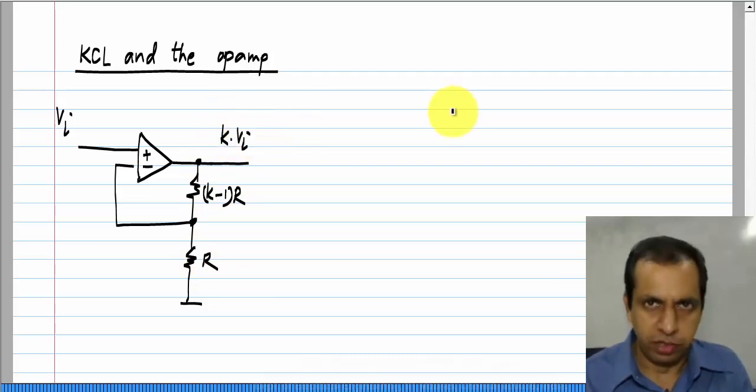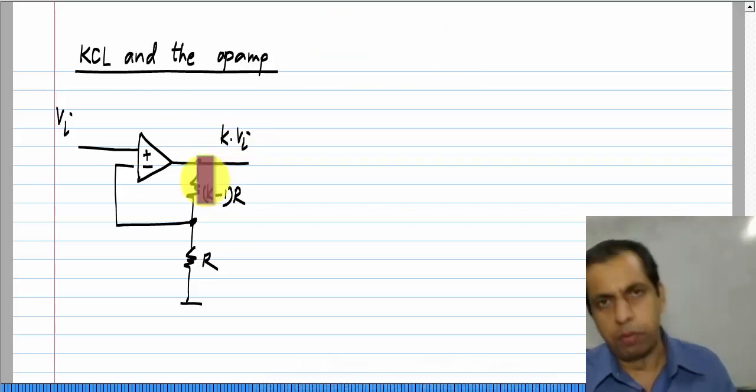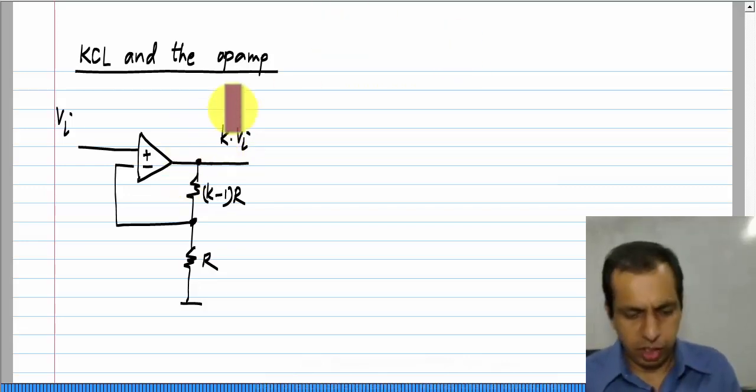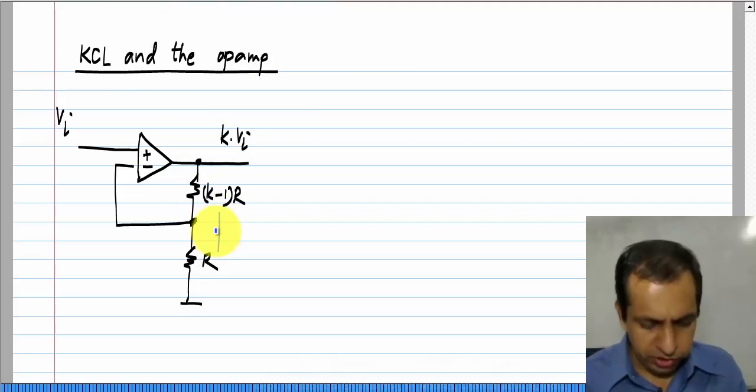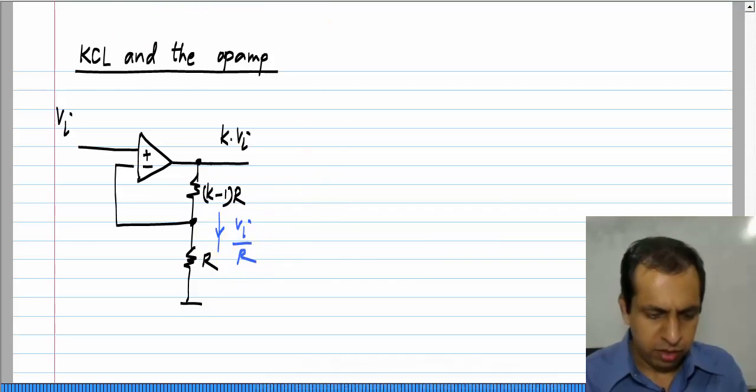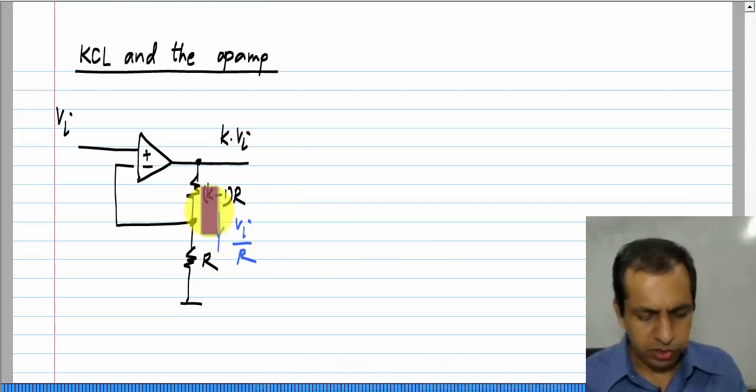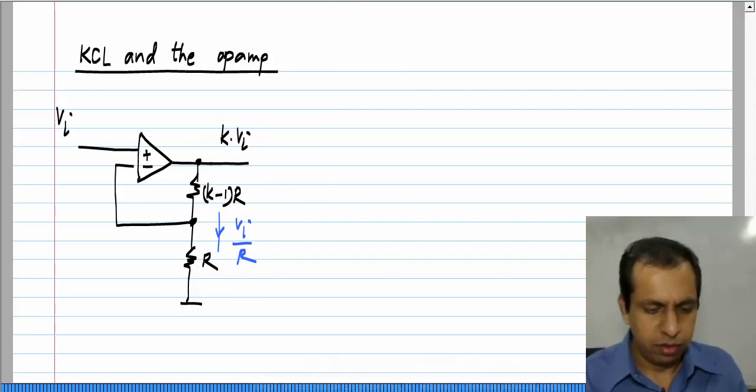k times Vi with an ideal op amp, and with a real op amp with a finite but very large gain, it will be close to this. Now, the current flowing through these resistors is Vi by R. It is kVi divided by the sum of these, which is Vi by R. Alternatively, Vi appears here also.